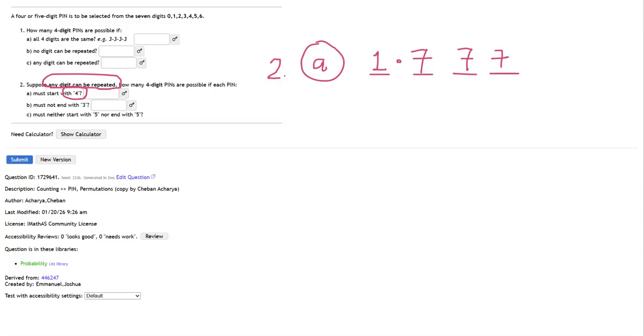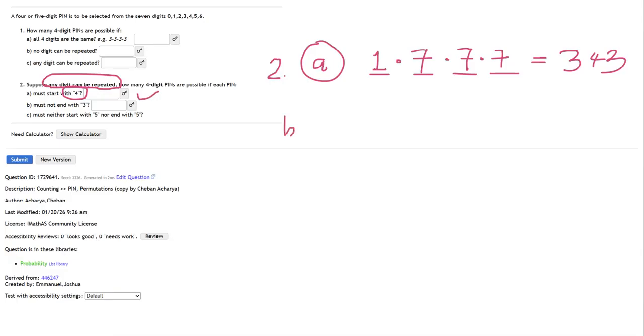If you multiply using the fundamental counting principle, the total is 343 for this question.